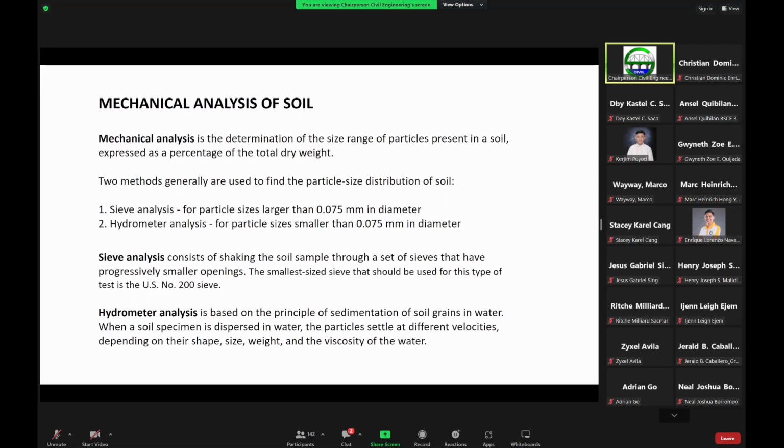There are some projects where we are forced to do ground improvement, and the technique we are implementing has a strict qualification with respect to the clay content and the silt content. That means if the clay content is higher than a certain amount in that material, such a ground improvement technique will no longer work. So that's why we are forced to do hydrometer.